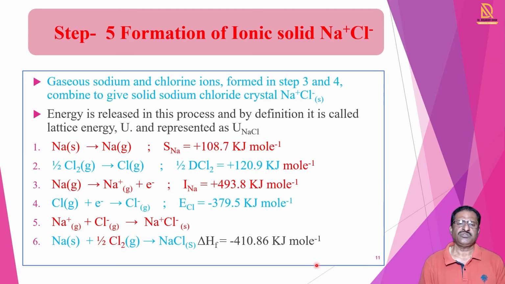So these gaseous sodium and chlorine ions, which we have just seen in steps 3 and 4, combine and give solid NaCl, or sodium chloride crystal. In this process, energy is released, and by definition it is called lattice energy, U, and that is represented as U NaCl. So how is that U NaCl formed?